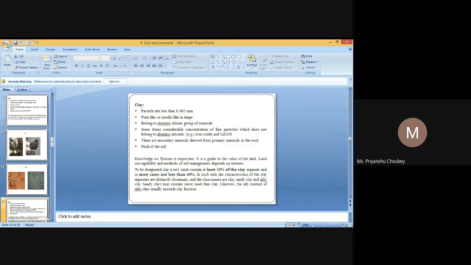In such soils, the characteristics of the clay separate are distinctly dominant, and the class names are clay and sandy clay, and silty clay. Sandy clays may contain more sand than clay. Likewise, the silt content of silty clay usually exhibits clay fraction.